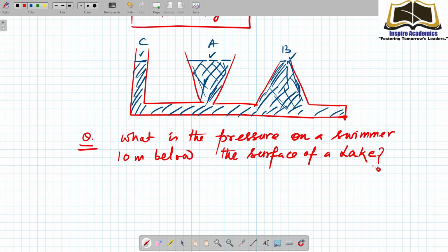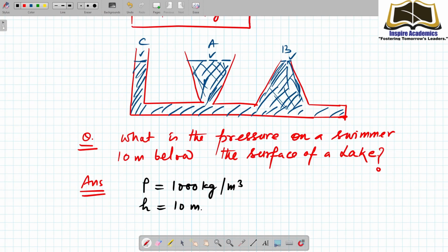Okay, so tell me. Take rho of water, 1000 kilogram per meter cube, standard. Okay, so let us answer. Rho is 1000 kilogram per meter cube. And h is how much? 10 meters itself.